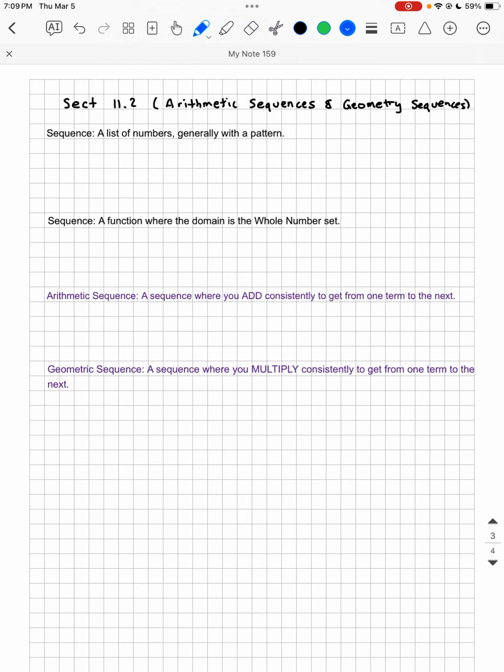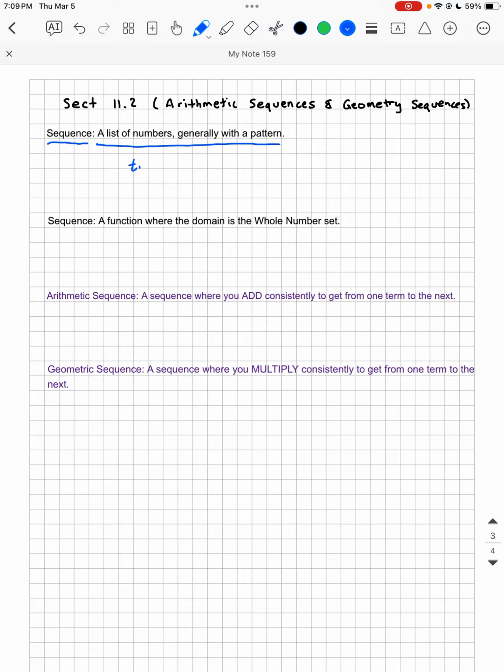In our first case, what I would like to do is define what a sequence is. We kind of talked about it in the last section, where it was more of a discovery. A sequence is, in short, sort of a non-mathematical term: a list of numbers, generally with some sort of pattern.